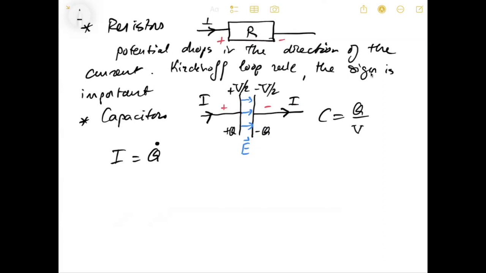And then the charges are being removed on the right-hand side, so that charge is decreasing, it's negative, and it's going to become increasingly negative.